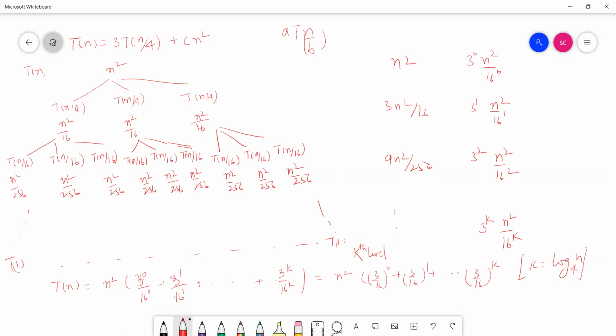Okay. So now if we evaluate it, we have n square and this is a geometric progression. So we start from i is equal to 0 and we go till log n base 4, 3 upon 16 to the power i. Now, very important, what we do in this case.